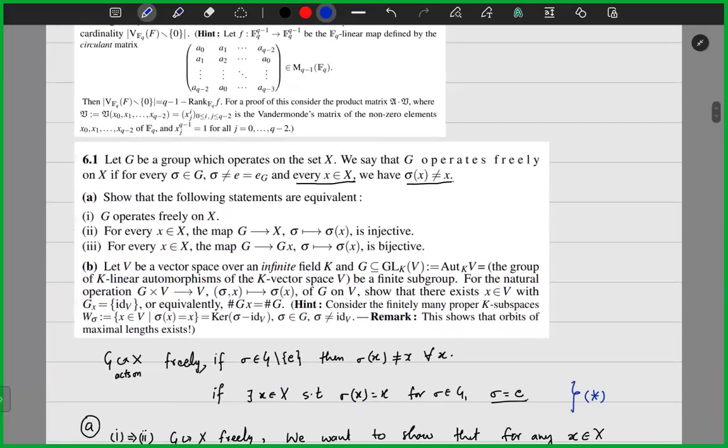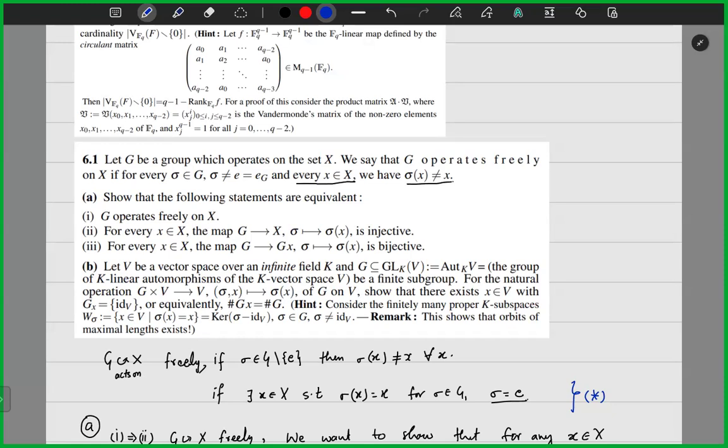Okay, so let's see the second part, which is B. Let V be a vector space over an infinite field K. Let G be a finite subgroup of GL_K(V), which is Aut_K(V), the automorphism group of V with K-linear automorphisms.